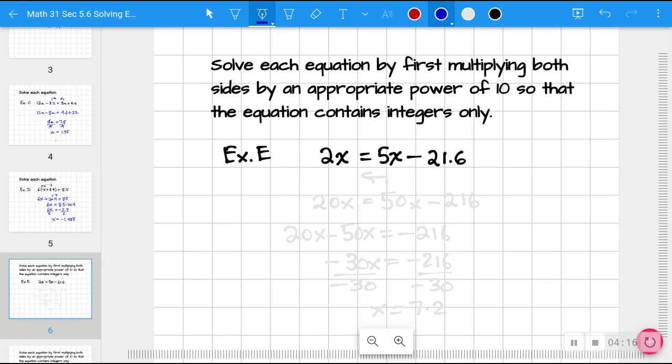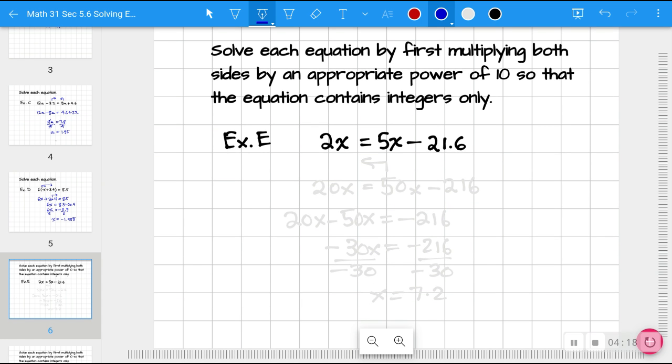Okay, what we're going to do on this one and the subsequent problem is we're going to clear the decimals out of the problem. And it all depends on how many places you have to move your decimal. If you have to move your decimal just one spot, then you're going to multiply everything by 10.